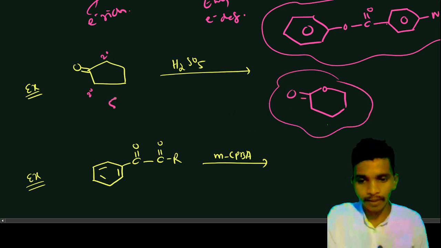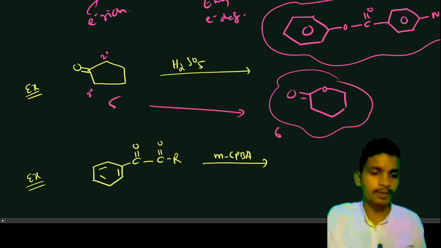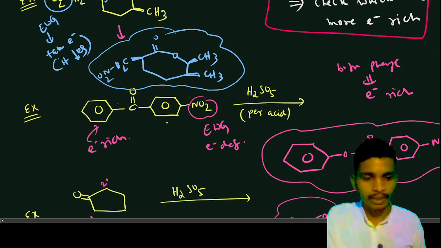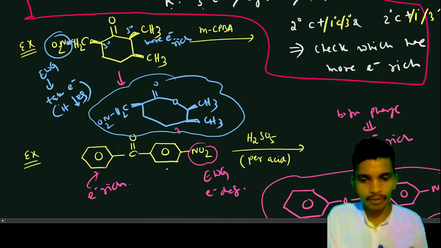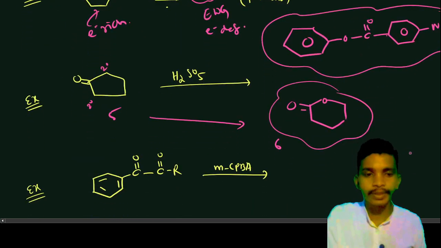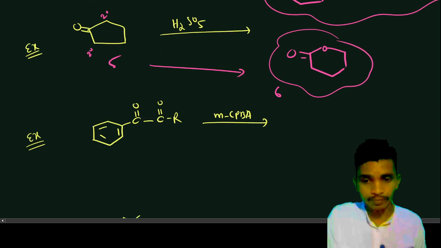It means this 5-member ring is converted into a 6-member ring. So always the ring expansion is happening in this case. Similarly, this is a 6-member ring and it is converted into a 7-member ring, because O is inserting between the CO and the more migrating group.